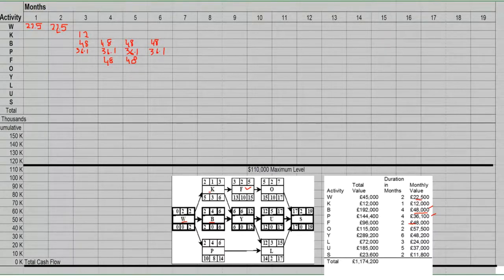And then we would have activity O, which starts after F, and it's a 2 months activity with 57.5. So after F we have O with the 57.5.